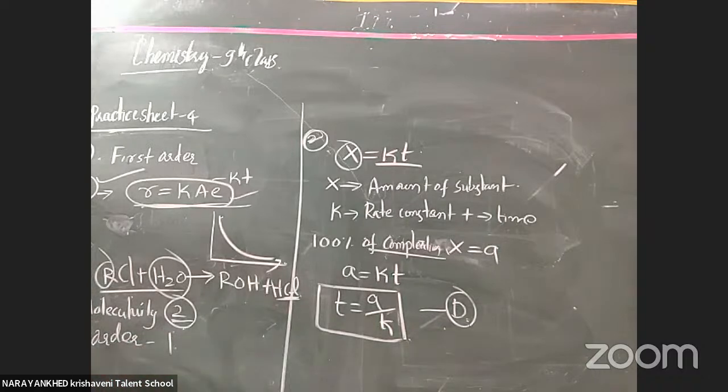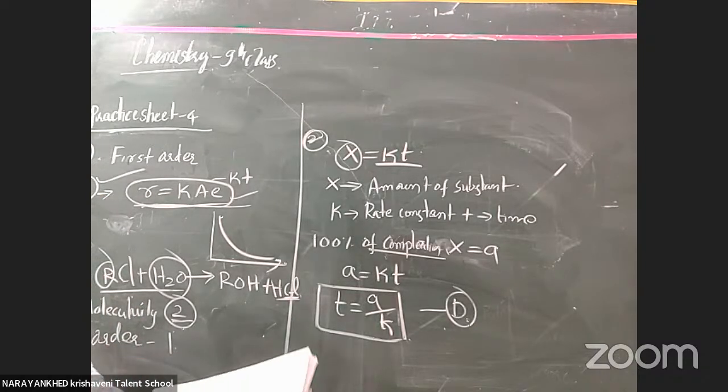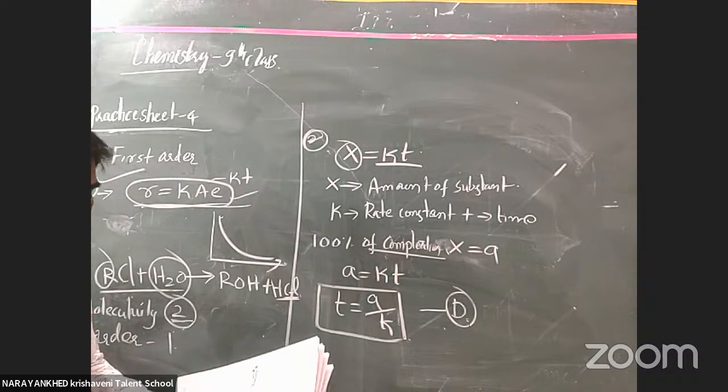Only the first option is somewhat confusing. In the remaining two options, molecularity is given as 1. That's why they are wrong. B and D are wrong. Why? Because molecularity should be 2 here, not 1. There is a third one, which also gives molecularity and order both as 2 only.